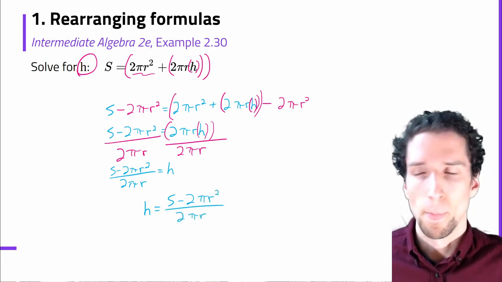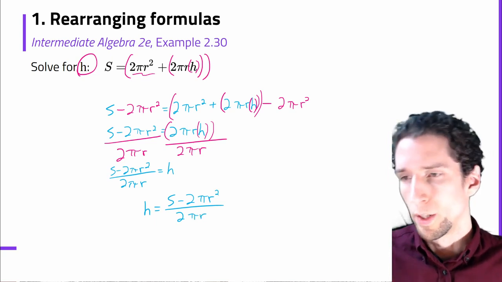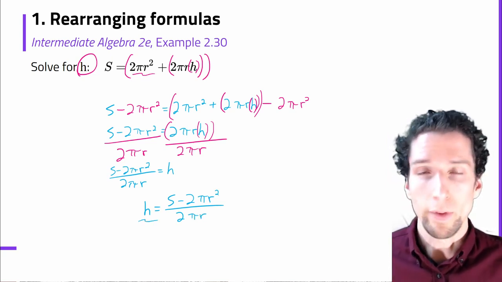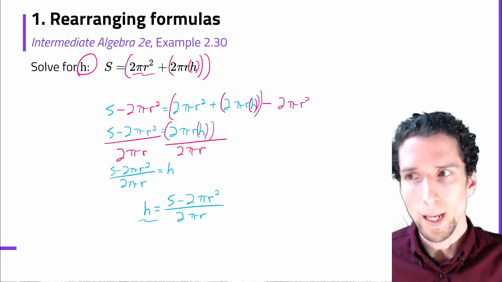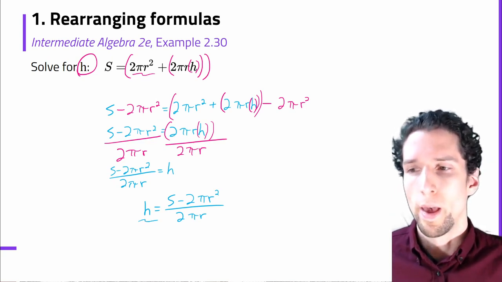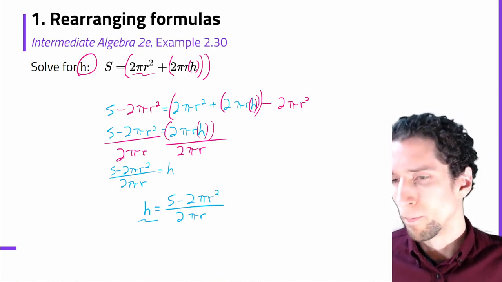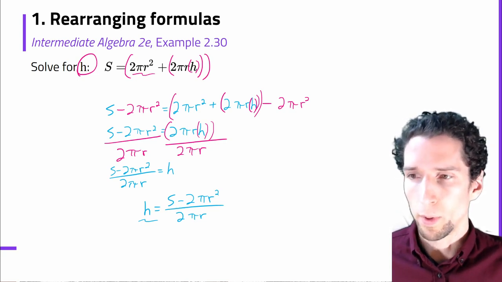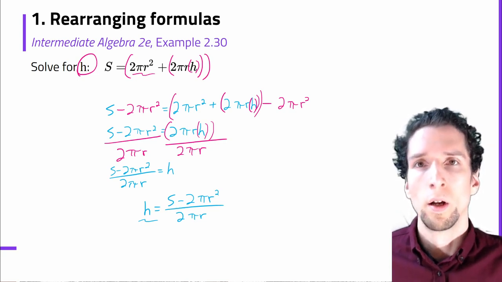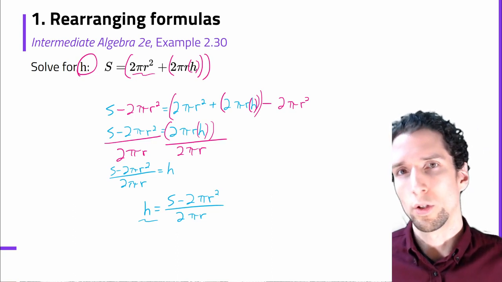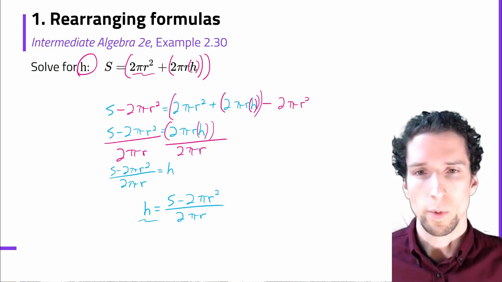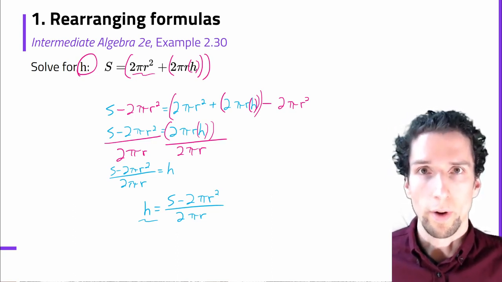And we rearranged. So now we have solved for h in this formula, and if by chance we knew all of the other numbers, the s and the r, and we had to figure out h, now we can easily do it because we've successfully rearranged the formula.